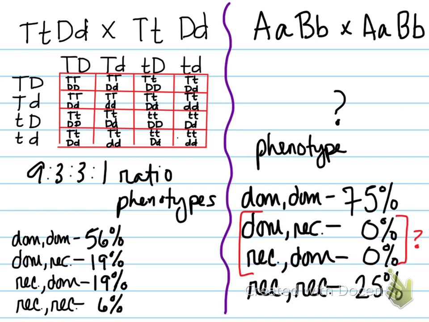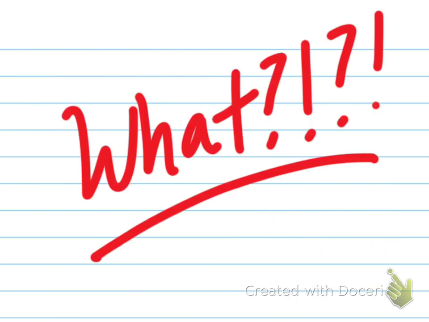What if we get something that looks like this? Whoa, 75% have both dominant characteristics. No one has a mix of dominant and recessive characteristics, and 25% of the offspring are carrying both recessive characteristics. Whoa, what's going on? Exactly.